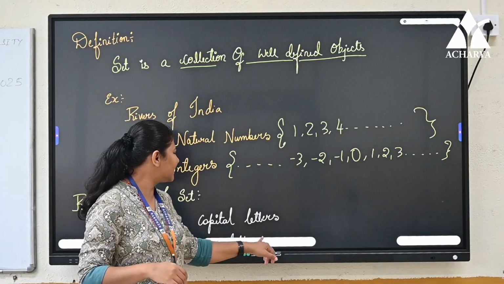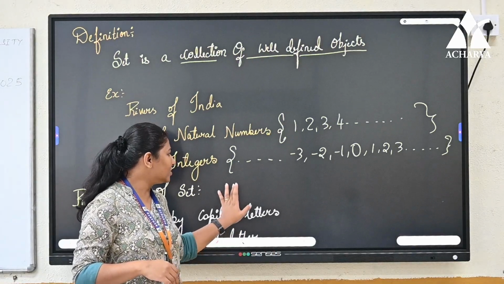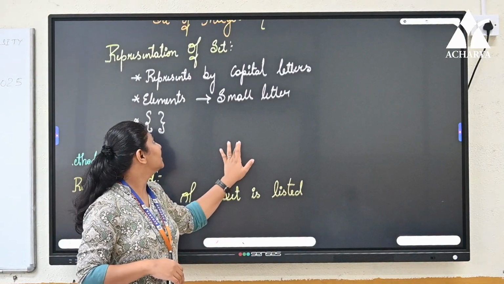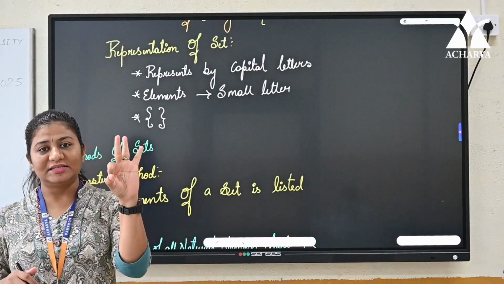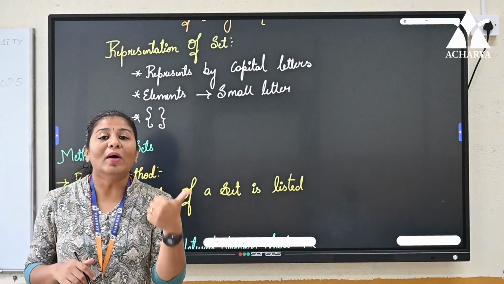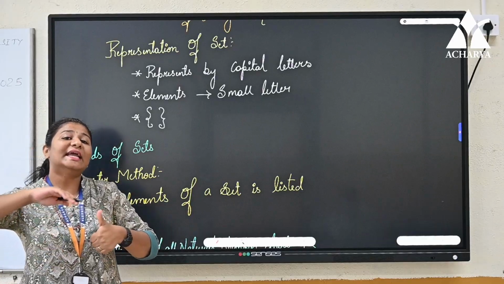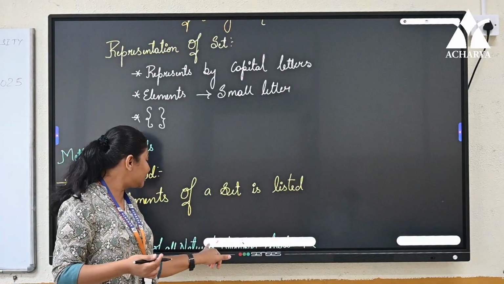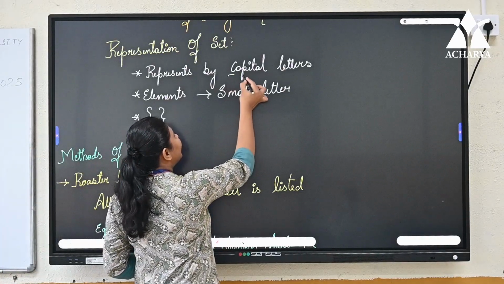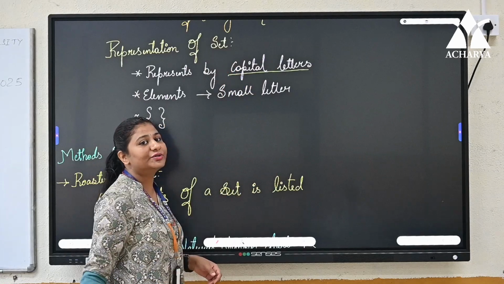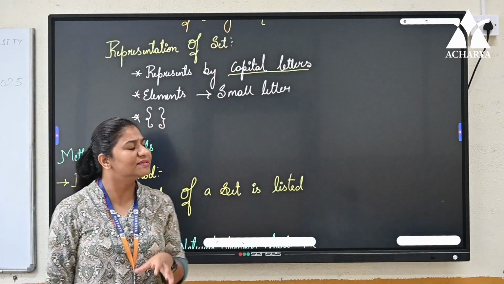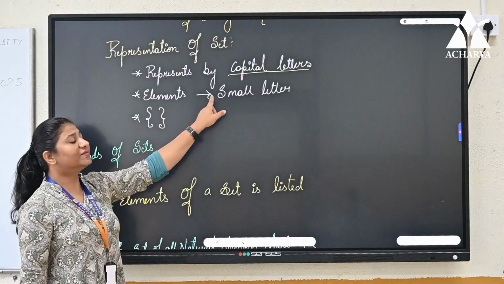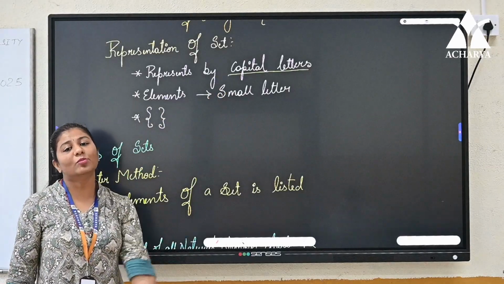Then, how do we represent a set? Representation of a set is very important, and there are 3 major terms you need to understand. First, when you represent any kind of set, it should be under a capital letter. Then, the elements of the set should be written in small letters.